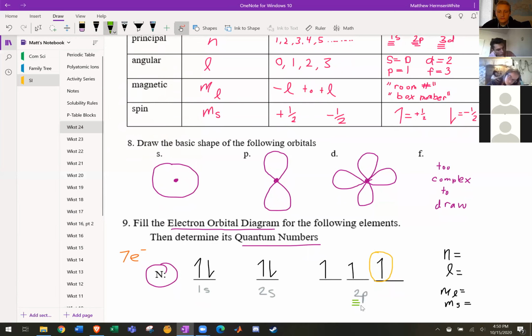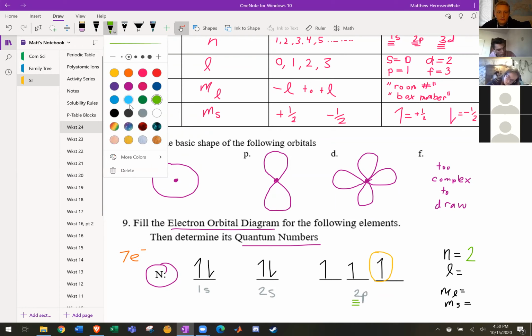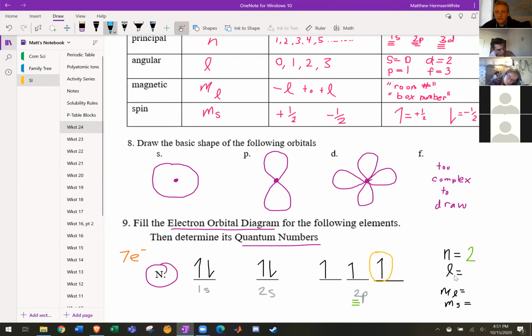We're in the 2p block, so N equals 2. For the L, we said it depends on what block you're in. For the p block, the L is always going to be equal to 1. And that was just right up here. So L is going to be equal to 1.